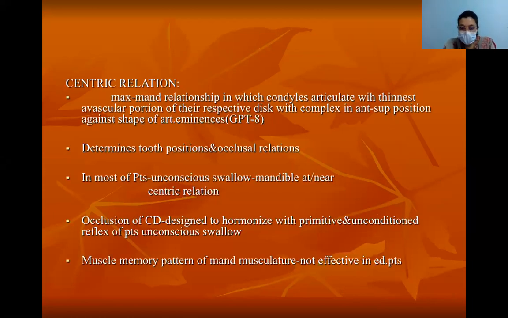Centric relation, therefore, becomes very important when we record the patient's jaw relation so that we can get accurate maxillary and mandibular relation, that is an accurate VDO, vertical dimension of occlusion, and vertical dimension at rest, and thereby we can control the residual ridge resorption.